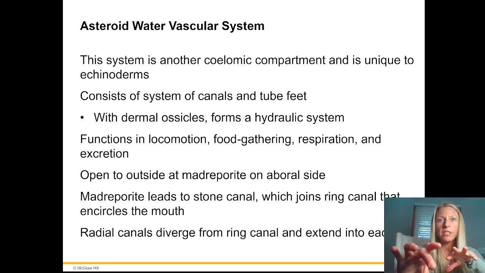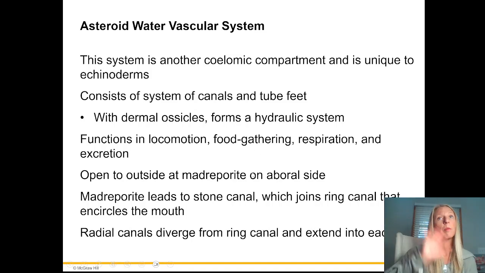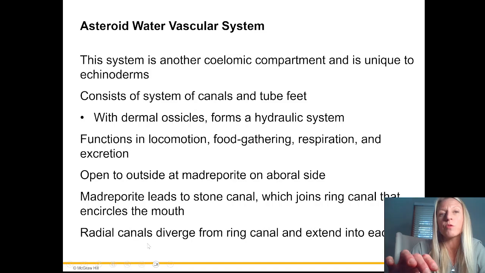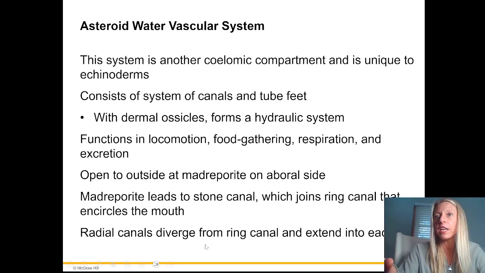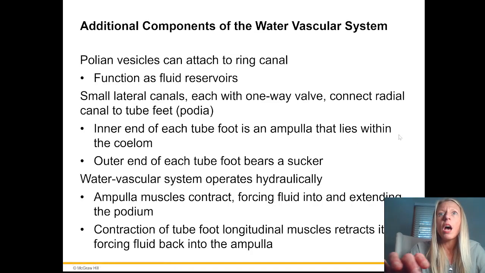It's open to the outside at the madreporite on the aboral side, which leads to the stone canal, which joins the ring canal, which encircles the mouth. Then the radial canals diverge from the ring into the ray. There are special Polian vesicles that attach to the ring canal of the water vascular system.